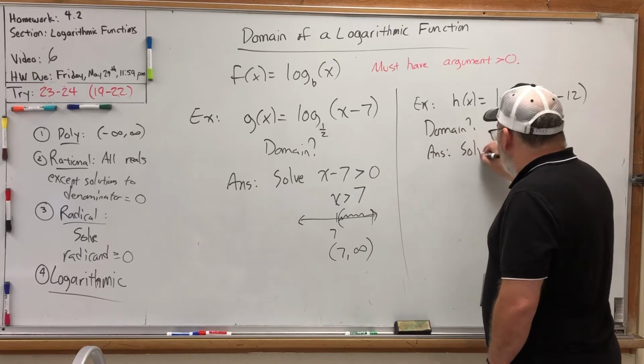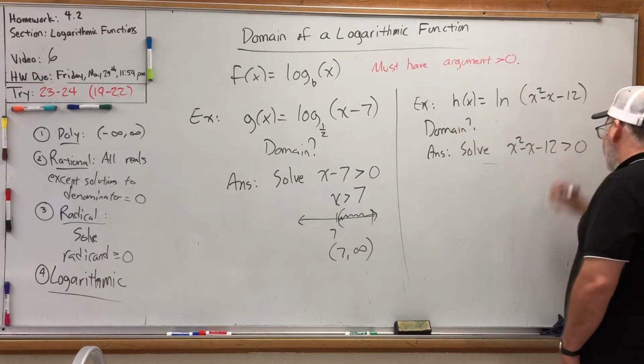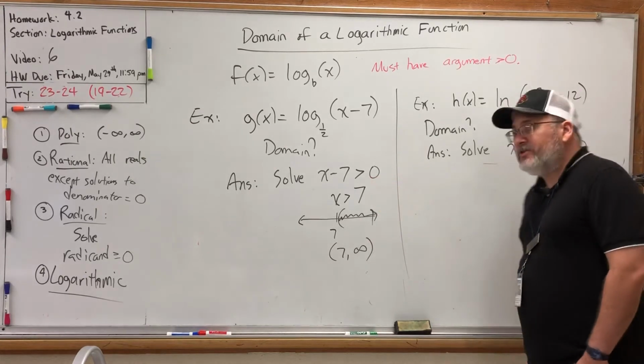We solve the argument greater than 0, so we have to solve x squared minus x minus 12 is greater than 0. But solving this quadratic inequality takes more work than solving this.